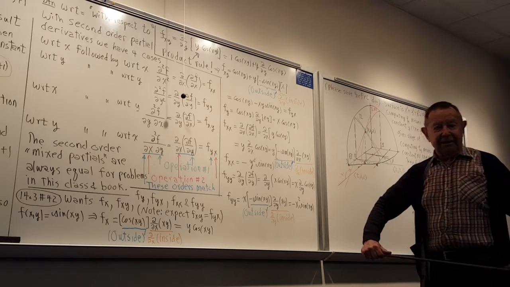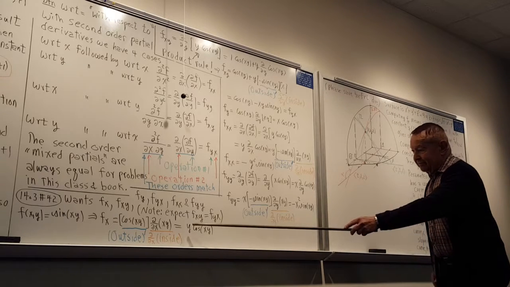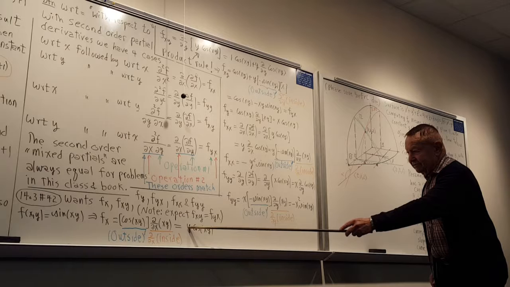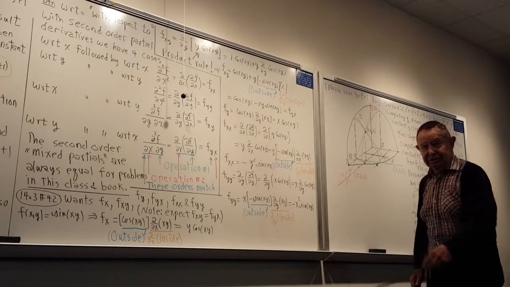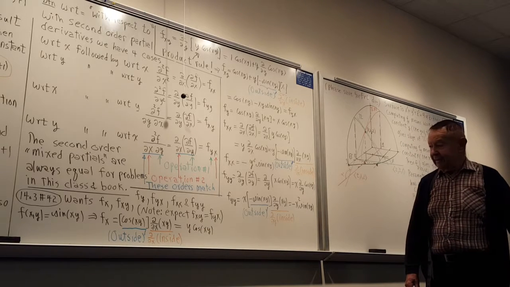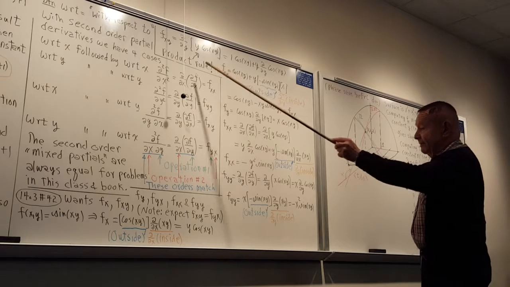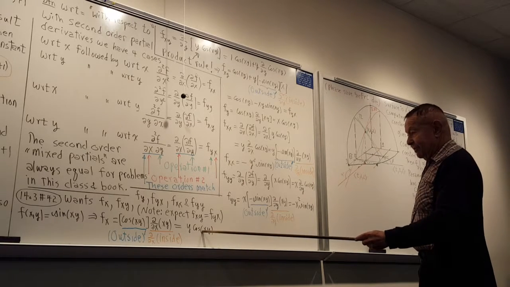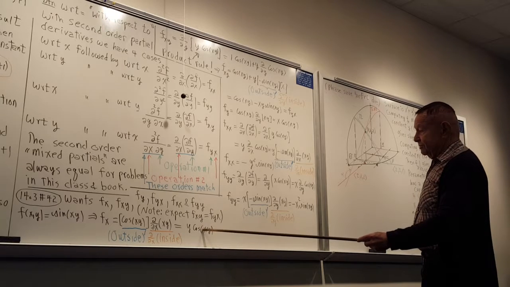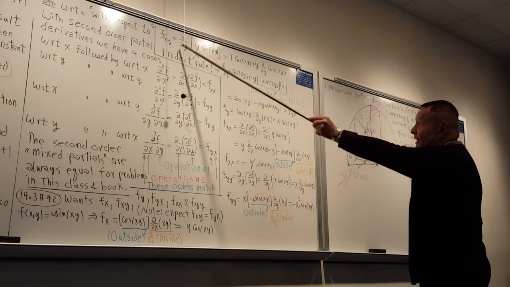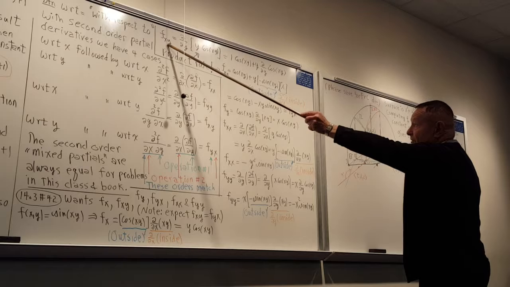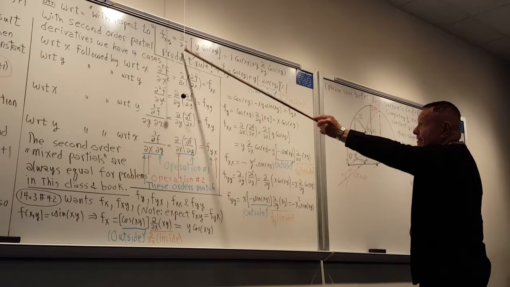And normally you'd write it powers first and then trig function to the right. Okay. Then this was our partial with x, so our partial of that with y would be our mixed partial, fxy.